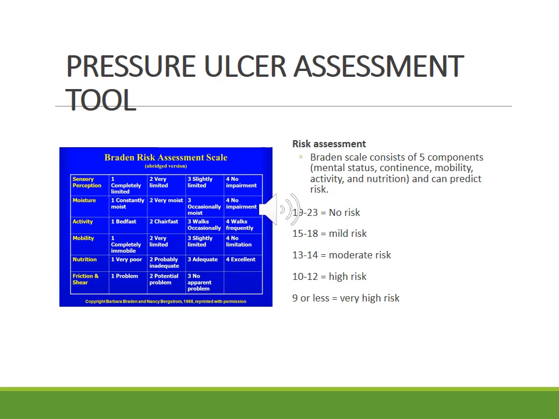We can use this to predict their risk. Depending on where they land on the scale, the higher the number, the lower the risk. If they have a low number, they're at high risk. So it's kind of a backwards way of thinking about it. But just be aware that this is a tool that you will see frequently used on patients to assess if they're at risk for a pressure ulcer.